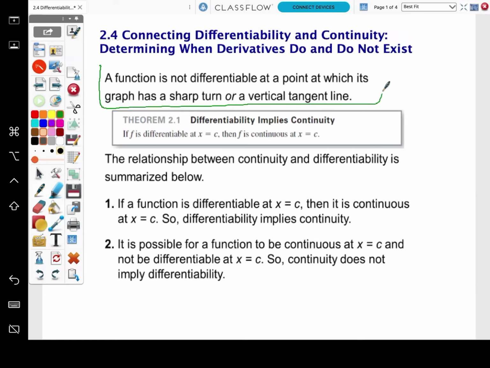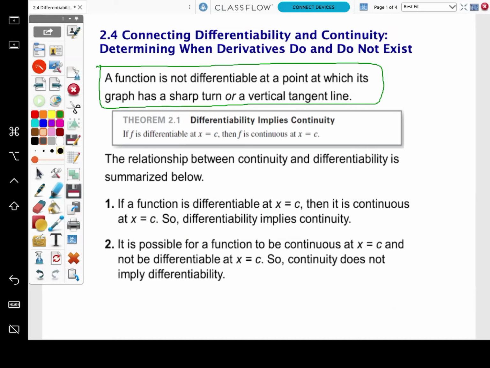There is a connection between the two. Okay, and it's this very first thing right here, and then the theorem underneath is a little bit more technical. A function is not differentiable, so we cannot find a derivative at any point where there is a sharp turn or vertical tangent line. So vertical tangent lines, big no-nos.